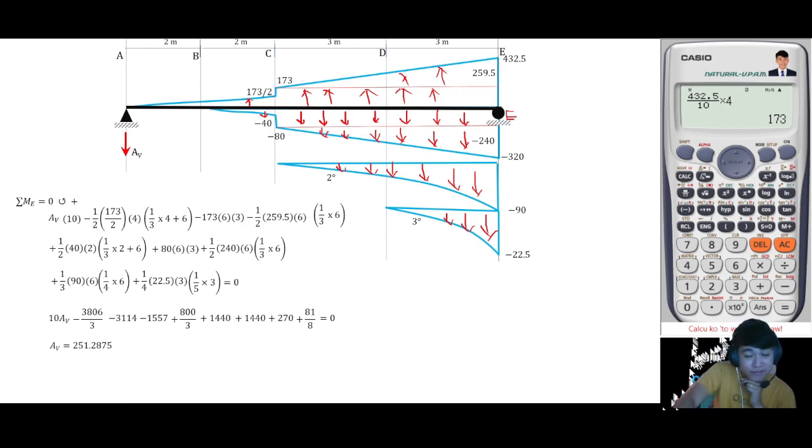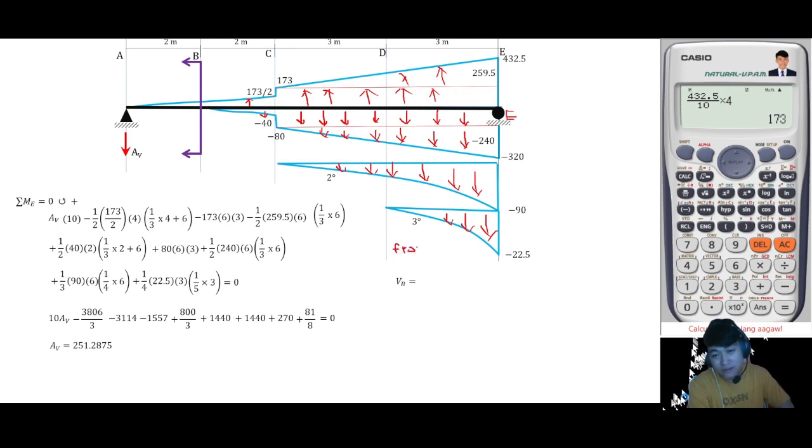251.2875. Okay, so now, since we already have the value of AV, we can now cut the section and solve the shear at B and moment at B. Take note, class, if we are drawing or identifying the shear or moment at a certain cutting section, from left to right ang identification natin.